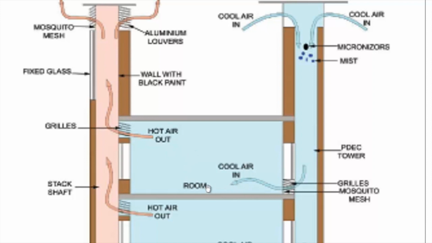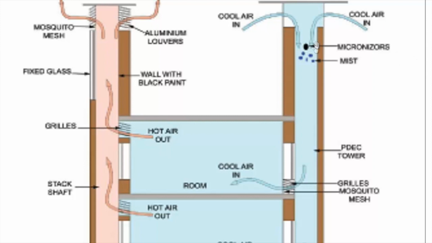The air is cool, it is humid in a dry area, and then the hot air goes out through these channels through aluminum louvers and escapes. You have a fixed glass here which raises the temperature in this stack. When the air temperature here is high, cool air tries to find its outlet through the room and escape.